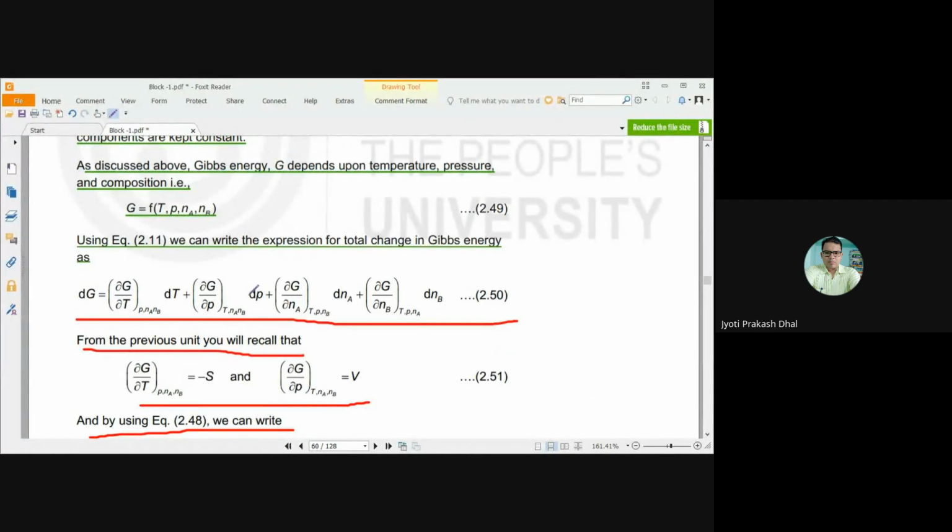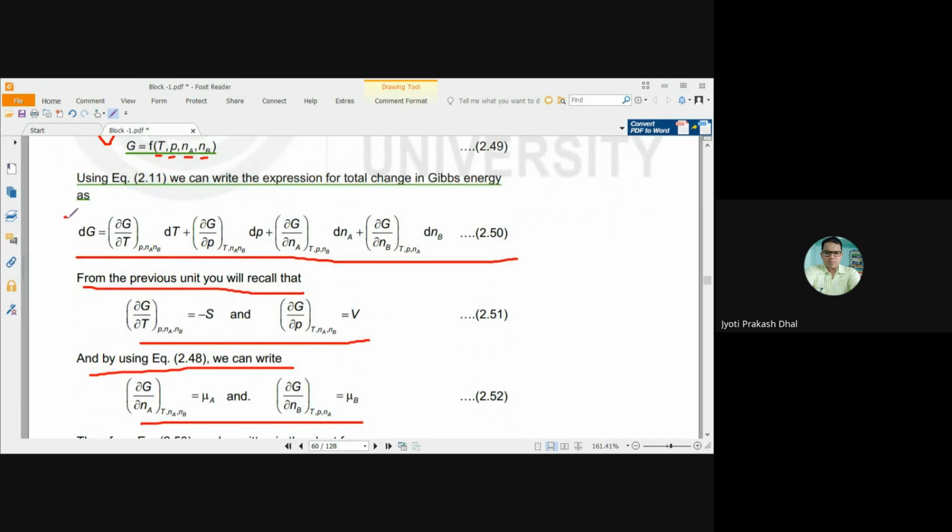Exactly in a similar way, we will derive the value of partial molar Gibbs energy. We know that the Gibbs energy is a function of temperature, pressure, number of moles of A and number of moles of B for a binary solution formed by mixing n_A moles of A and n_B moles of B. So the Gibbs energy is a function of T, P, n_A and n_B.